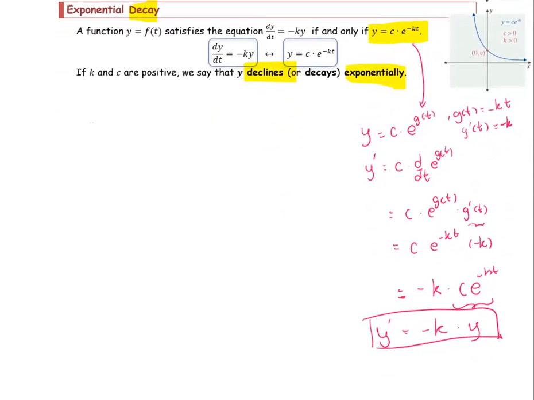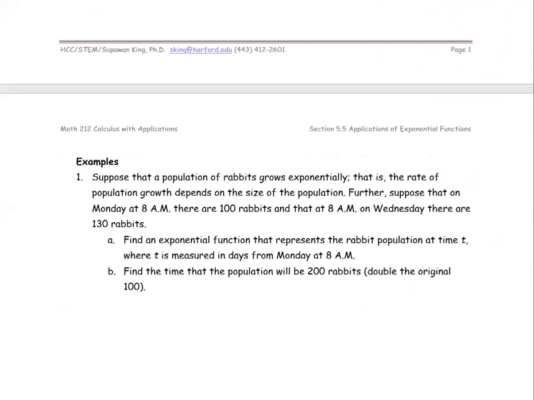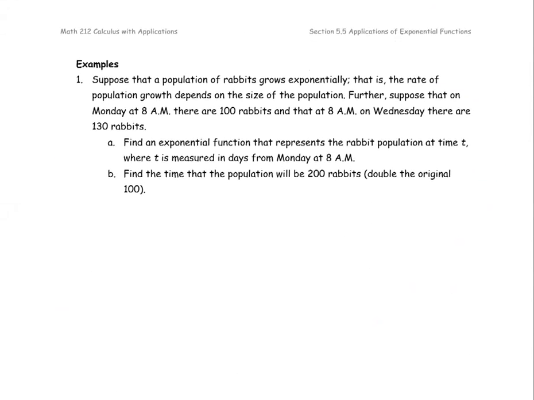So we can say the rate of change of the quantity y is proportional to the quantity y. Let's see an example. In the first example, we suppose that a population of rabbits grows exponentially. That means the rate of population growth depends on the size of the population.